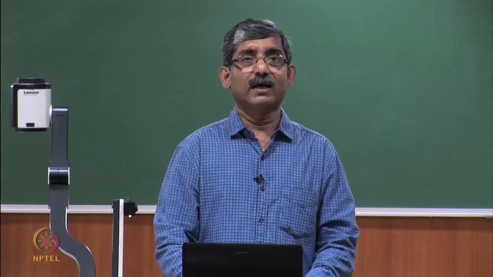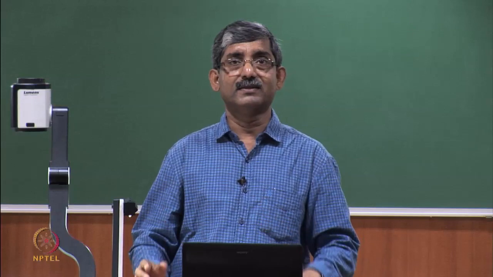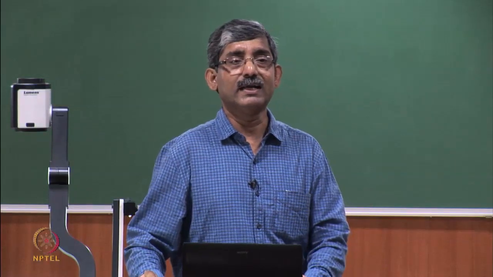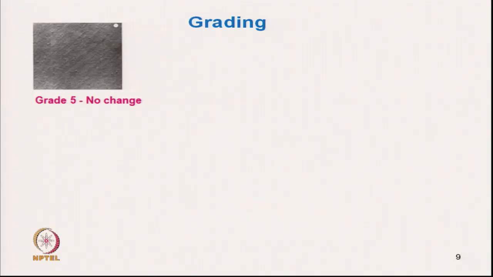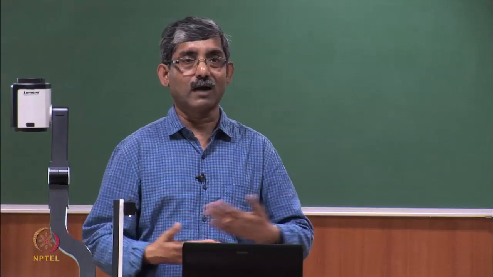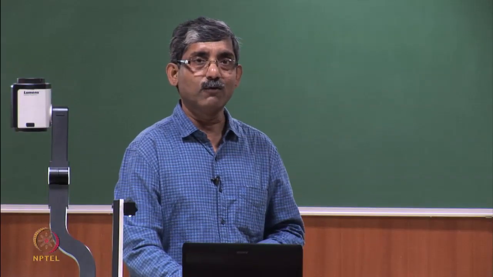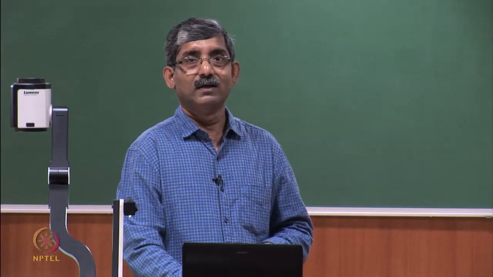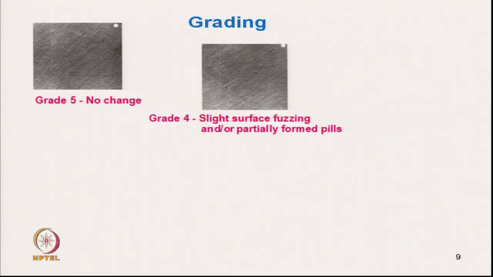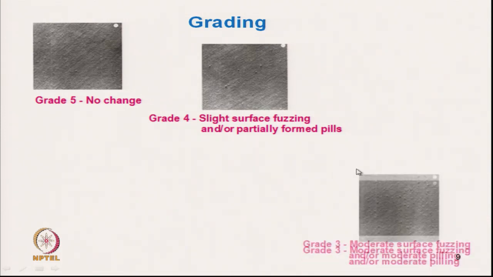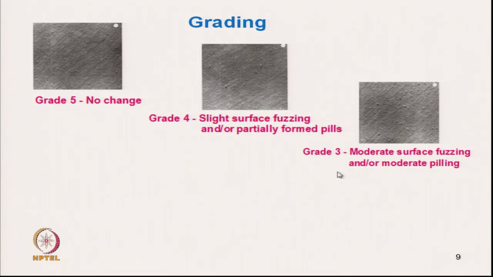Now, there are standard grades. Grading goes from 1 to 5. Grade 5 means there is no change after rubbing, no peel formation. Grade 4 is slight surface fuzziness, with small peeling partially formed.